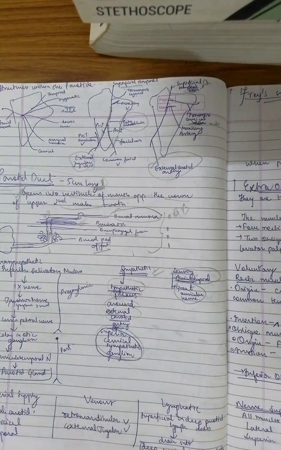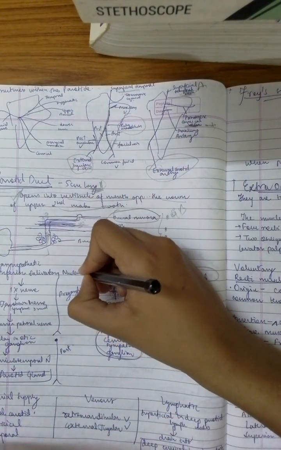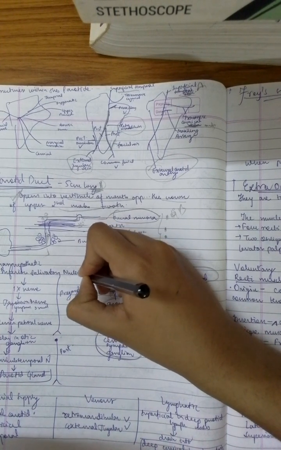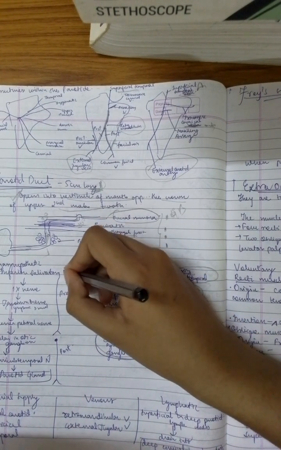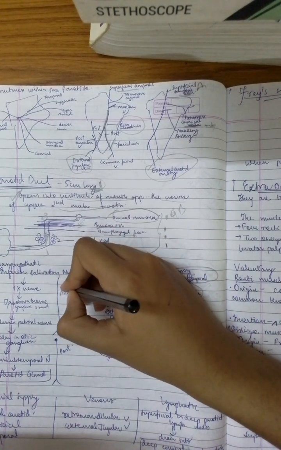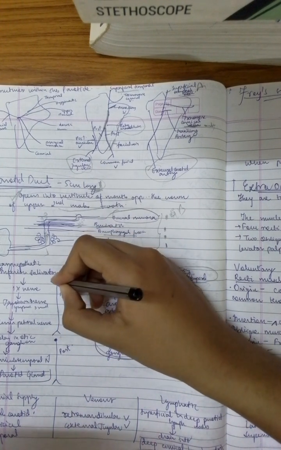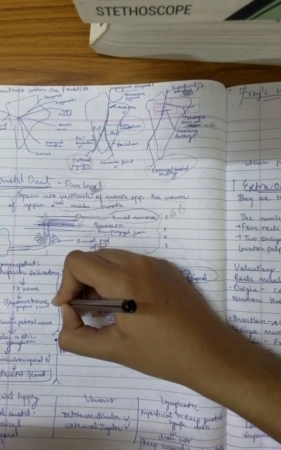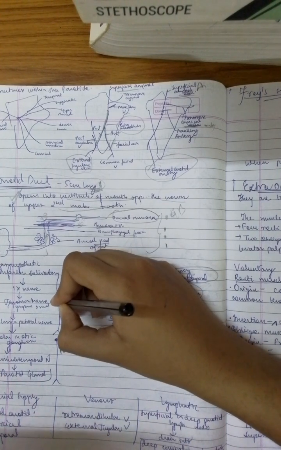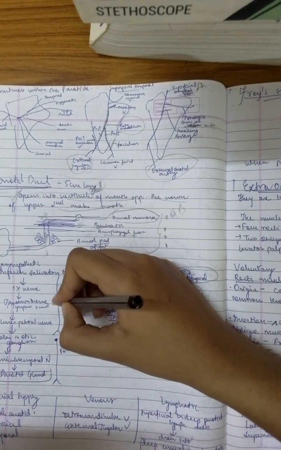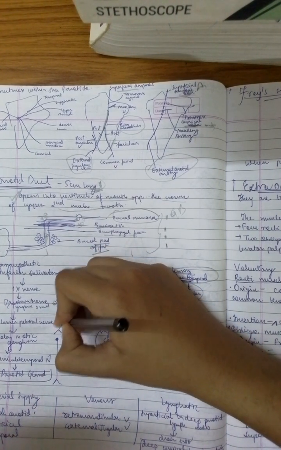Then comes the parasympathetic supply, where the inferior salivatory nucleus gives its impulses to the 9th cranial nerve. From the 9th cranial nerve it passes to Jacobson's nerve, or the tympanic branch of the glossopharyngeal nerve. From there it passes to the lesser petrosal nerve.